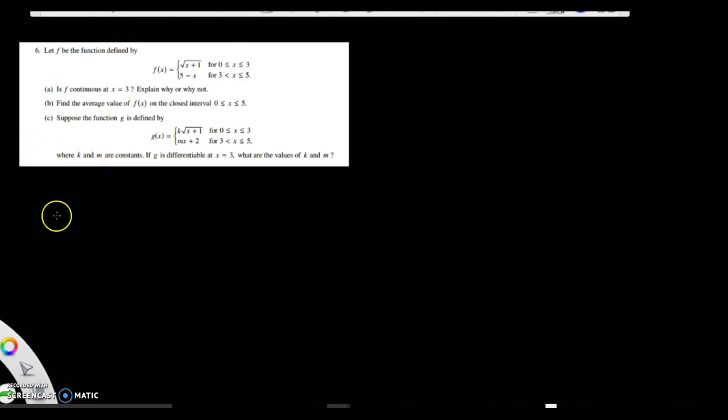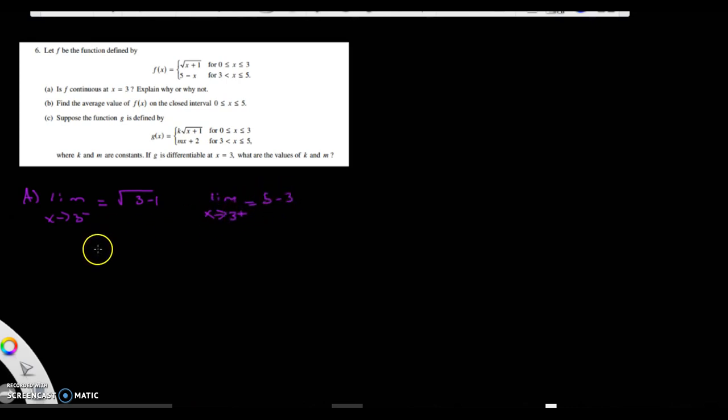So we're going to have to do limit questions. So part A, you would write the limit as x approaches 3 from the left is going to equal the root of 3 plus 1. And now the limit as x approaches 3 from the right is going to equal 5 minus 3.